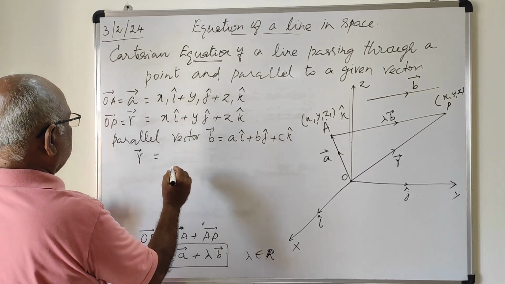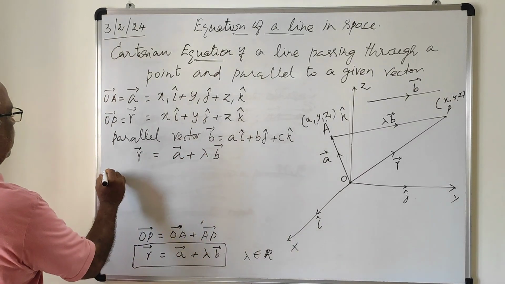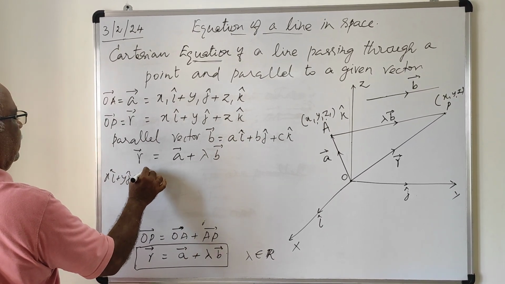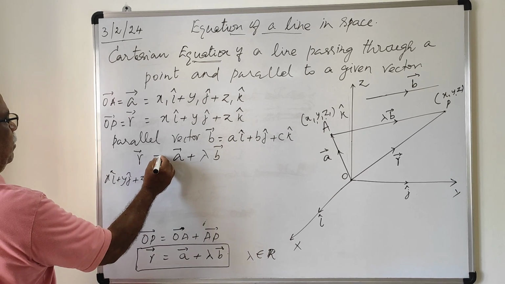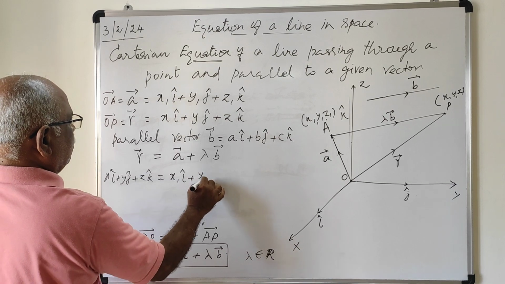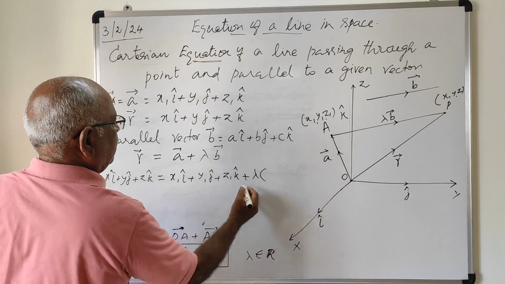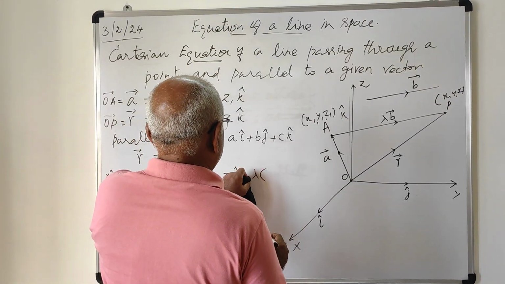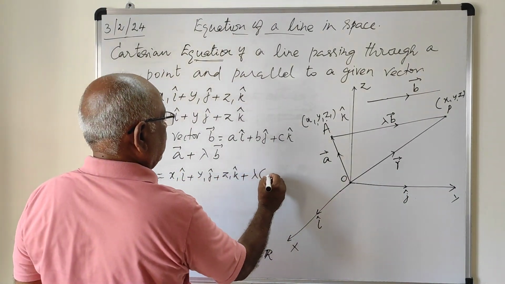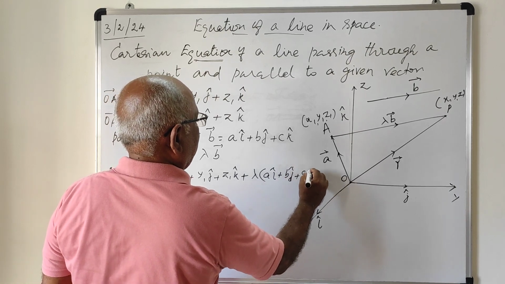The vector equation is r equal to a plus lambda b. Here r is xi plus yj plus zk, which is equal to the a vector, x1i plus y1j plus z1k, plus lambda times the b vector, which is ai plus bj plus ck.